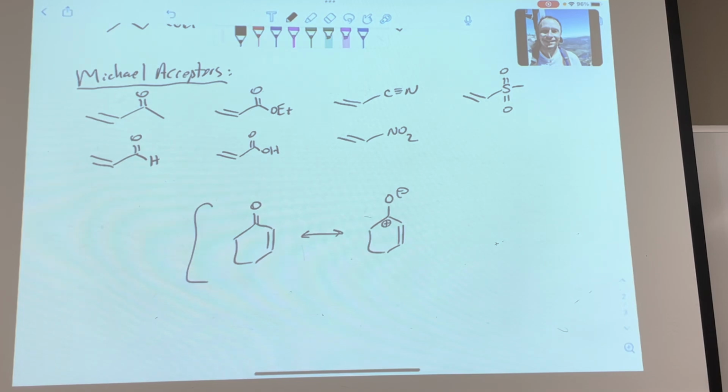What's different about this carbonyl than all of the other aldehydes and ketones we've seen so far? With the conjugation, could the... Yeah, exactly. I have another pi bond in proximity, meaning there's a third resonance form.